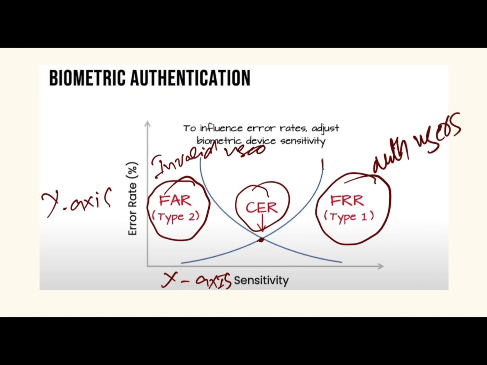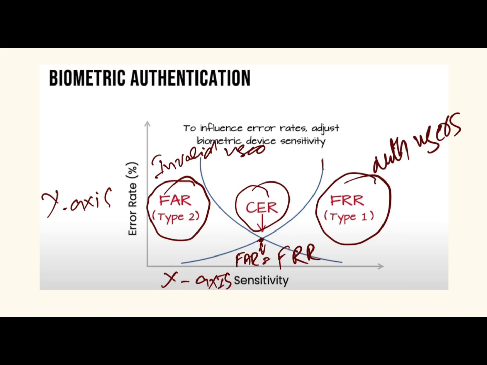CER is the point where false acceptance rate is equal to false rejection rate, FAR equal to FRR. So this is the point.